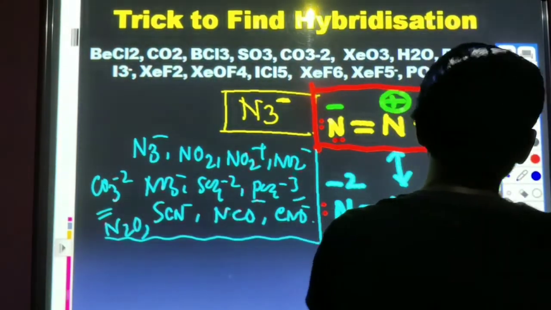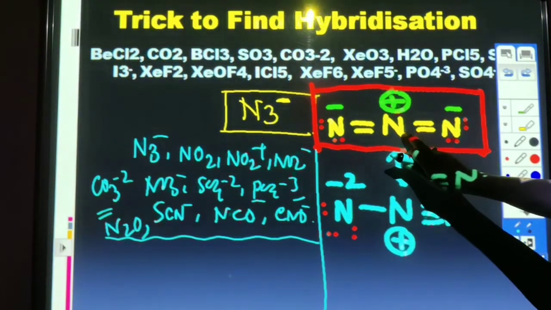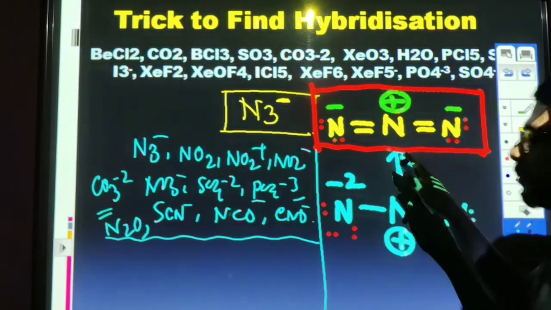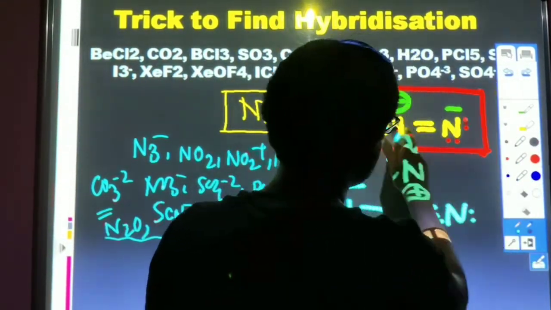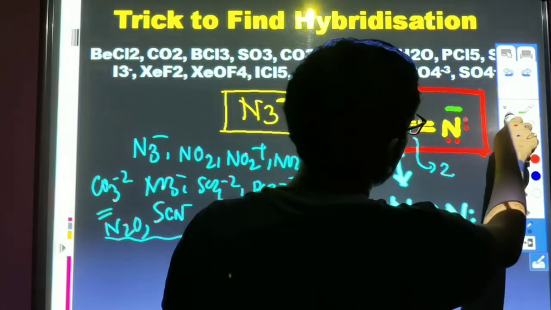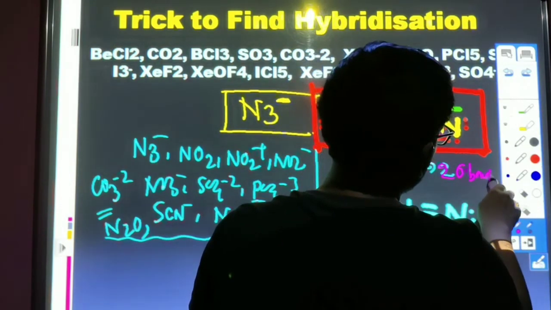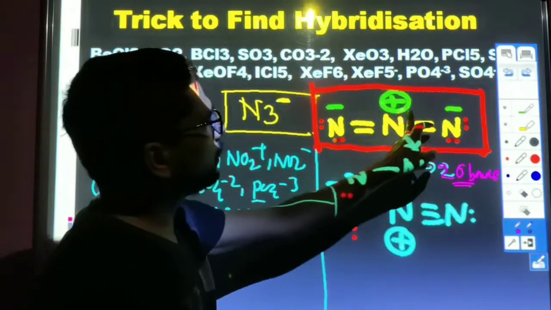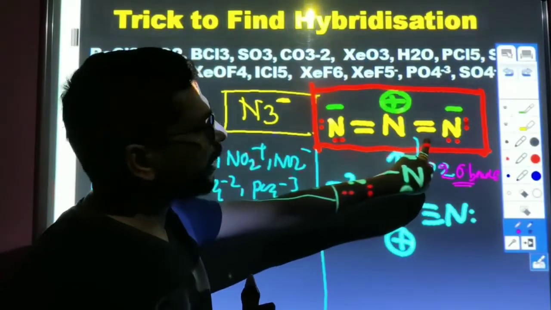Okay, for hybridization what will we do? For this nitrogen atom, we will count the sigma bond pairs and lone pairs. So how many sigma bonds are there? There are 2 sigma bonds. We are not bothered about the pi bonds because pi bonds have no role in determining hybridization.